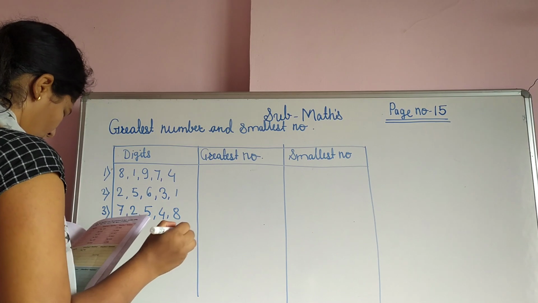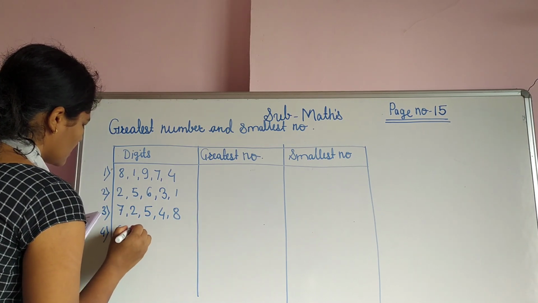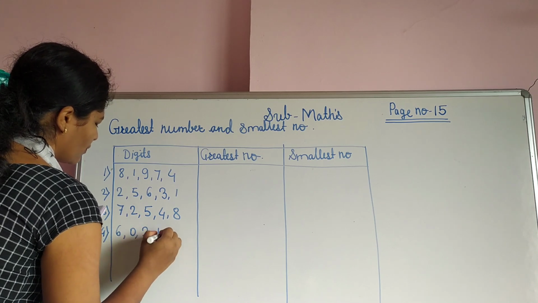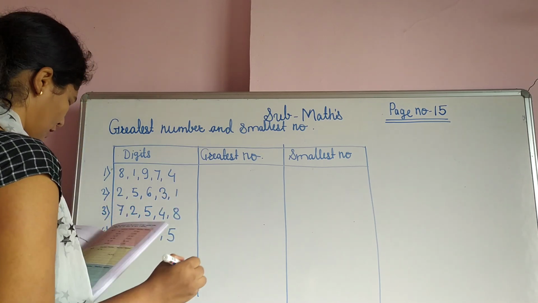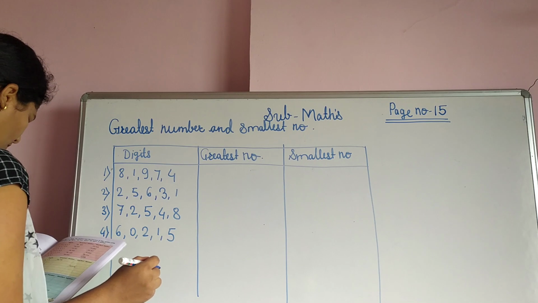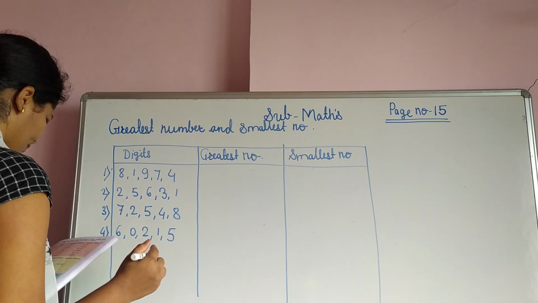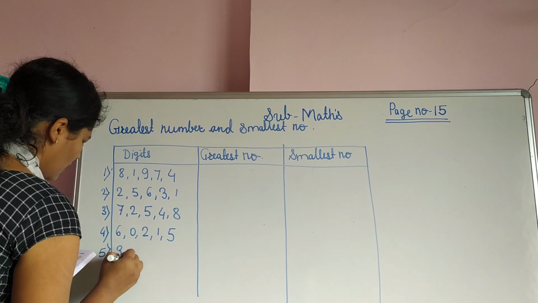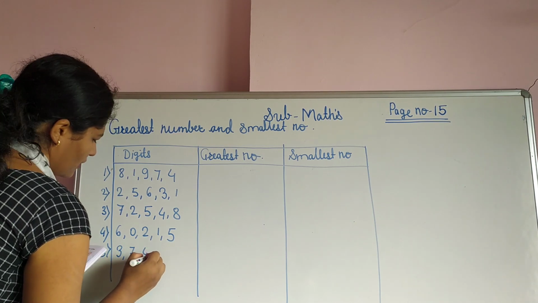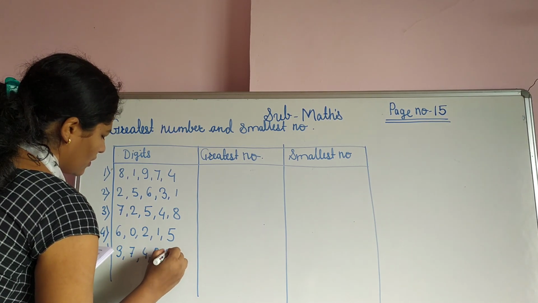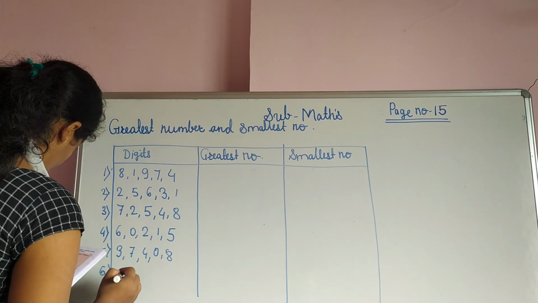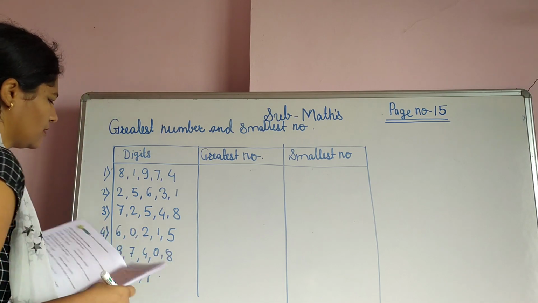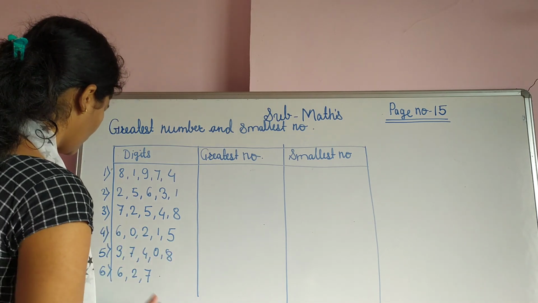Next is 6, 0, 2, 1 and 5. And last is 5, 3, 7, 4, 0, 8, and the sixth one is 6, 2, 7. So this is our question.